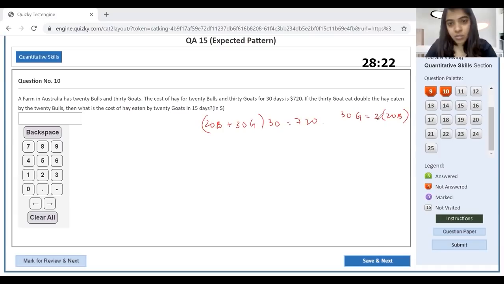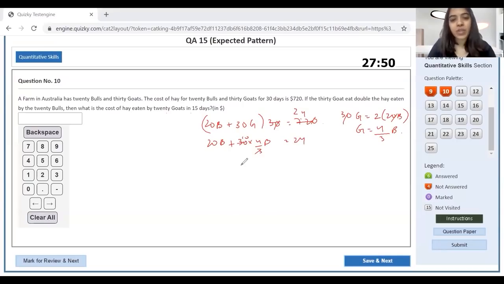What they're asking us is the cost of hay eaten by 20 goats in 15 days. G is 4 by 3 of B. So let's put that here, 4 by 3 of B. So we have 20 bulls plus 30 into 4 by 3 of B equals 24 (in the thirty-day sum).